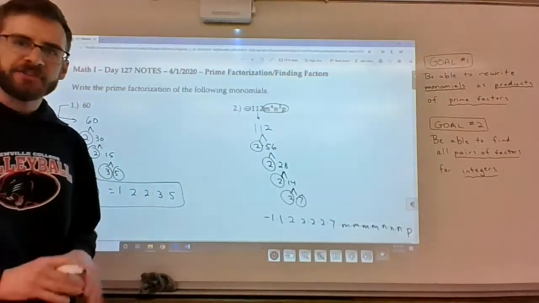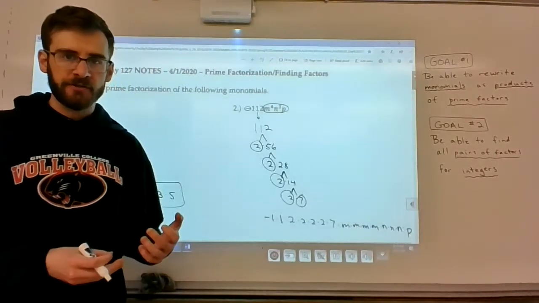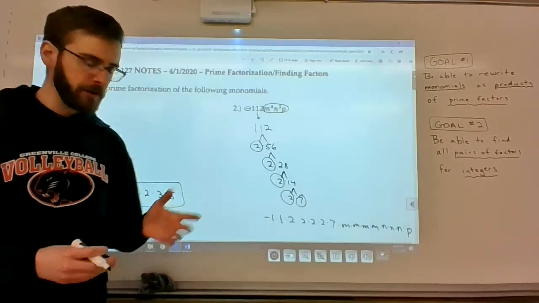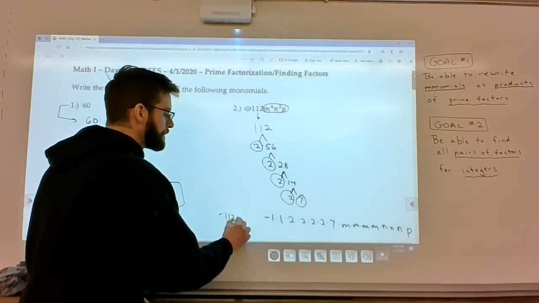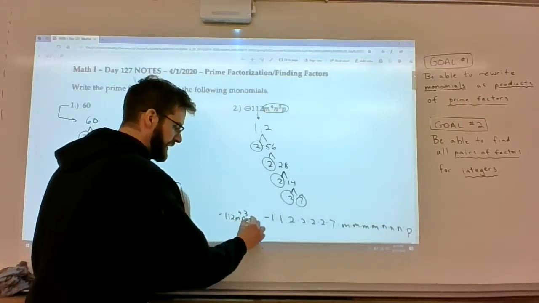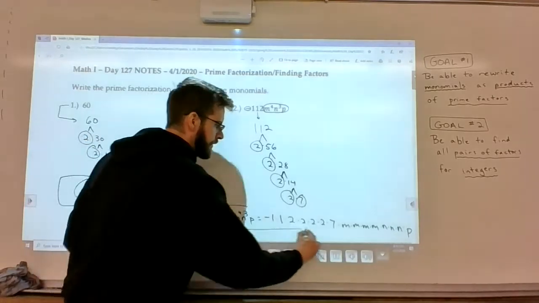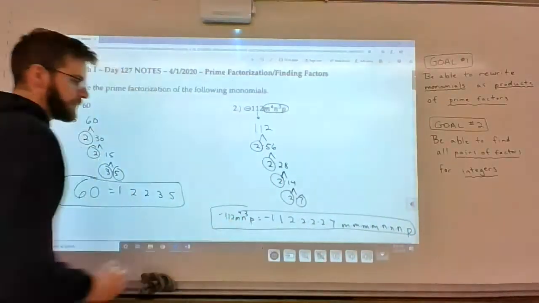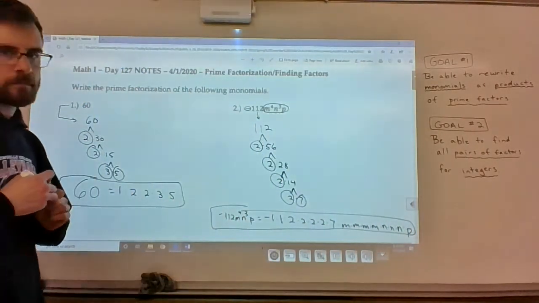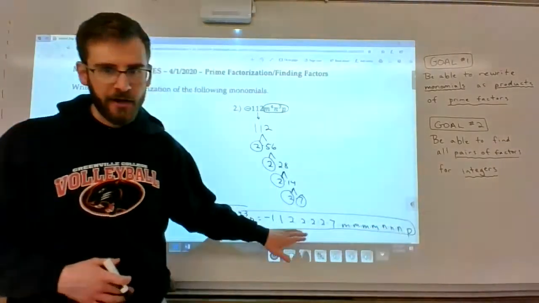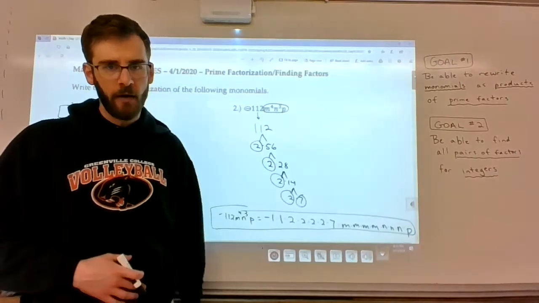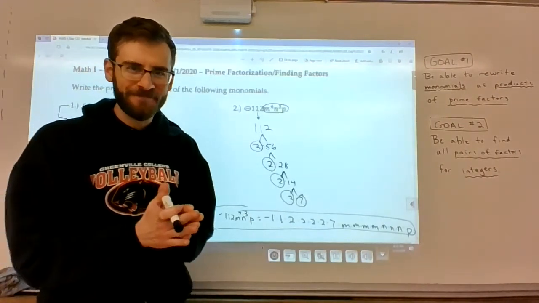So that's the way I want you guys to do the prime factorization for monomials. And there's your final answer. By the way, the reason why I'm expanding these expressions out and also not putting 2 to the 4th power, you'll see tomorrow, okay?